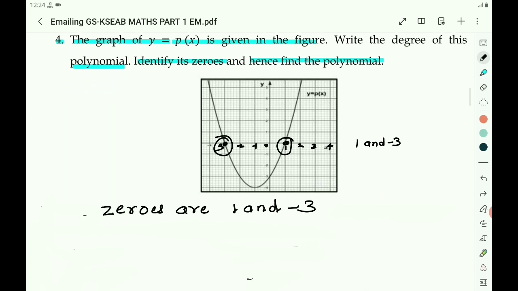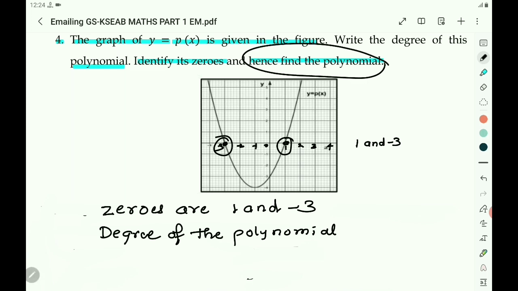Degree of the polynomial is 2. Then you write first one, degree of the polynomial 2. 2 zeros are there. The graph intersects the x-axis at 2 points. So the degree is 2.